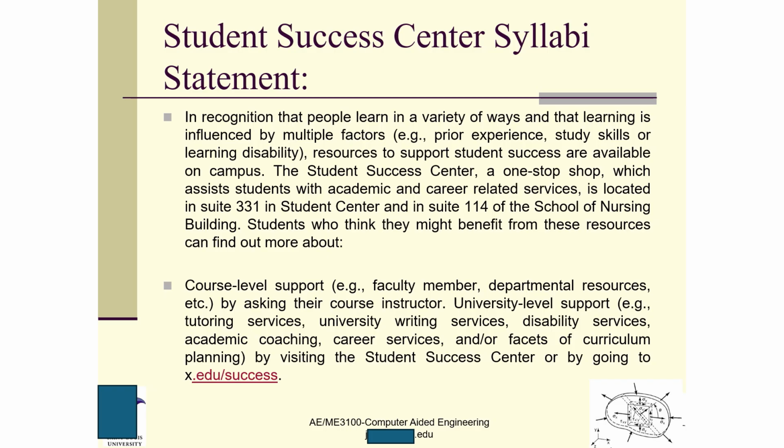University-level support, for example tutoring services, university writing services, disability services, academic coaching, career services, and/or facets of curriculum planning, is available by visiting the Student Success Center or going to the university link.